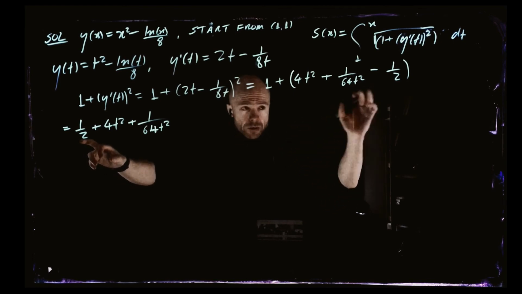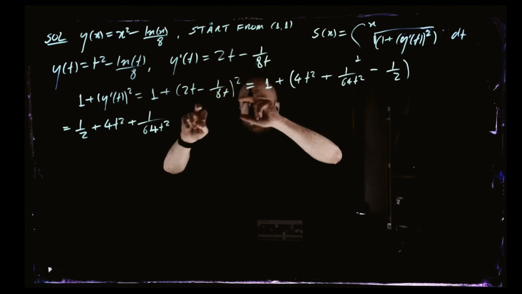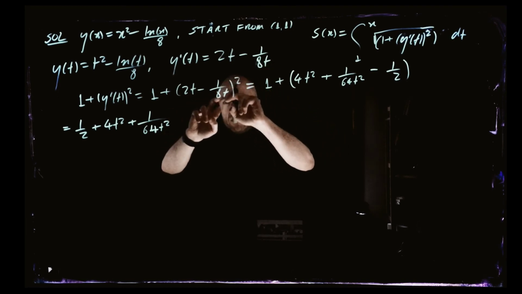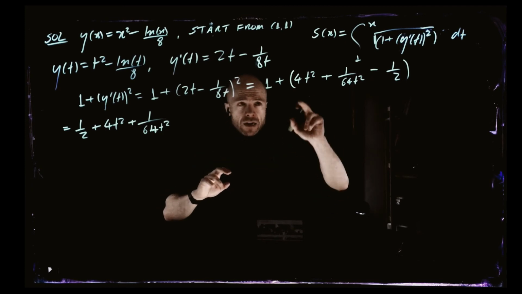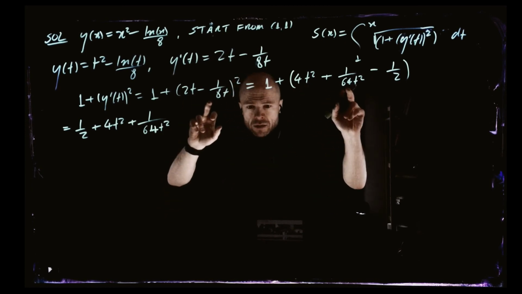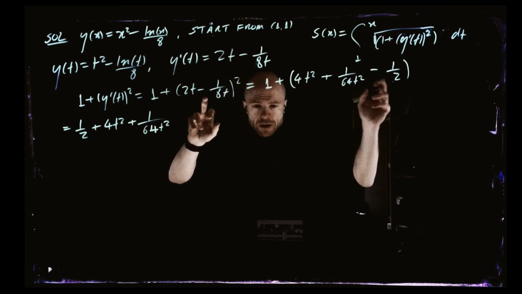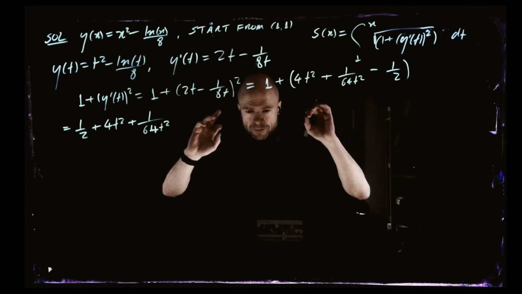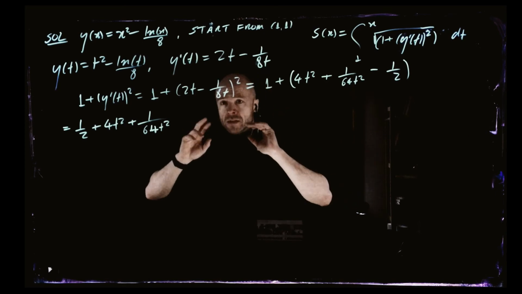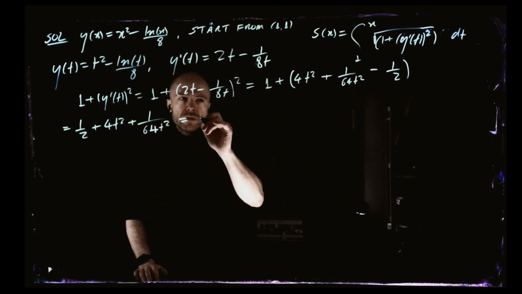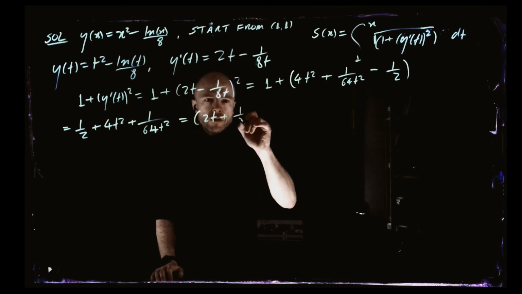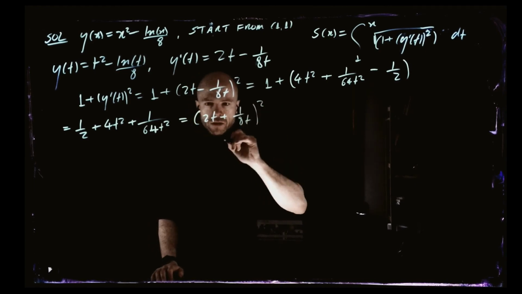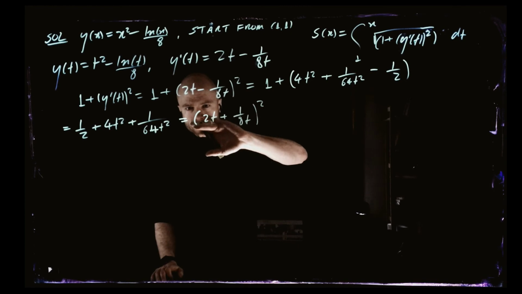And if you are noticing that, you might think, okay, if I had just 2t plus 1 over 8 times t, then I square it out, I would still get this thing, I'd still get this thing, but now I wouldn't have a minus a half, I'd have a plus a half. Yeah? And if you notice that, then you would be set, because you would see that this is just 2t plus 1 over 8t, everything squared. Yeah?